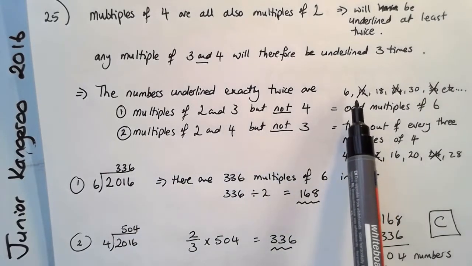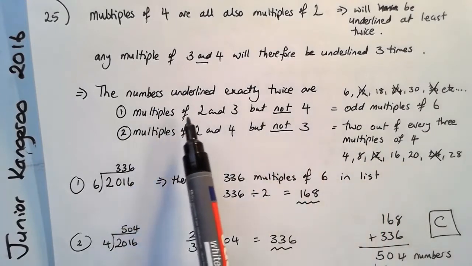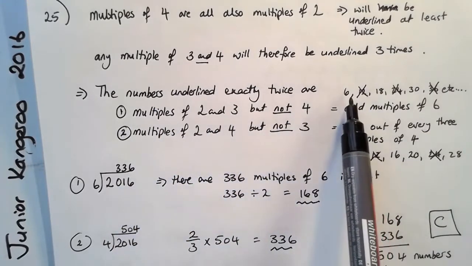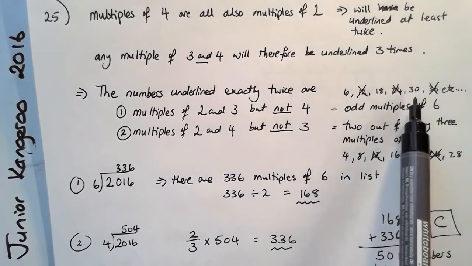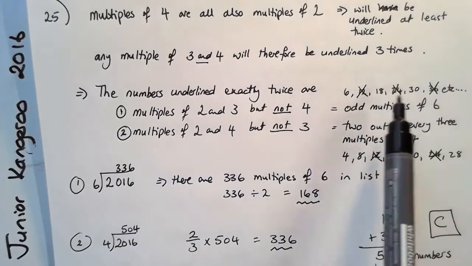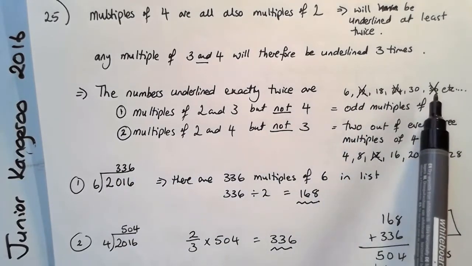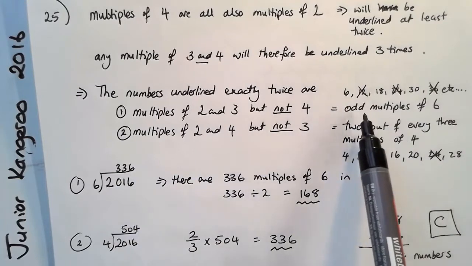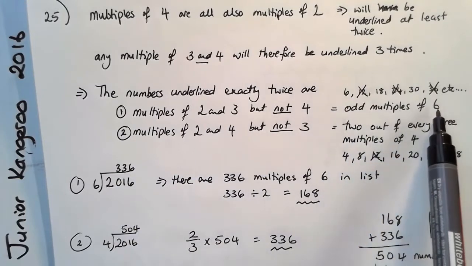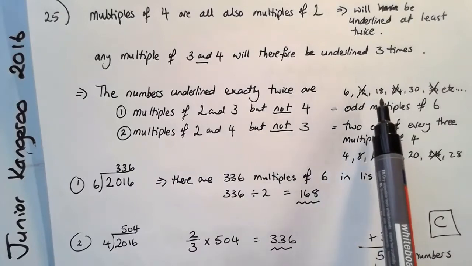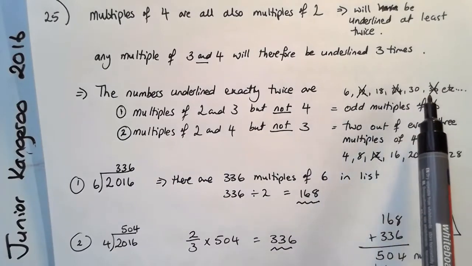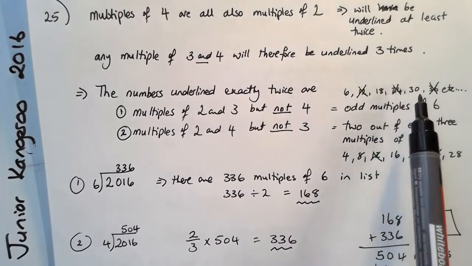So if we think about which they are, multiples of 2 and 3, but not 4: 6, 18, 30. I've written them out and then crossed off the ones. They are the odd multiples of 6, 1 times 6, 3 times 6, and 5 times 6.